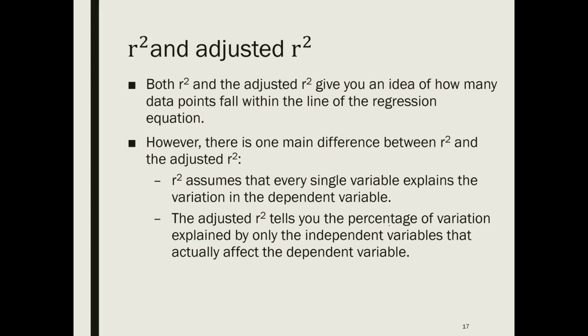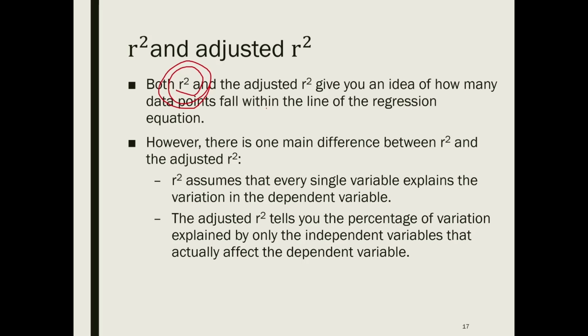Okay, so the R square also gives you information about what percentage of the variance in the dependent variable can be explained by the independent variables. Here we have multiple variables, so it can be explained by all the independent variables, right?